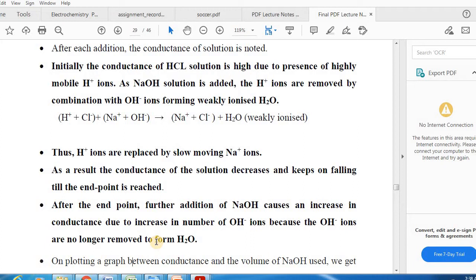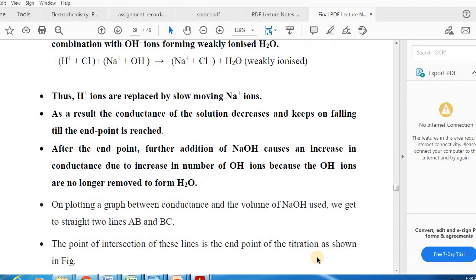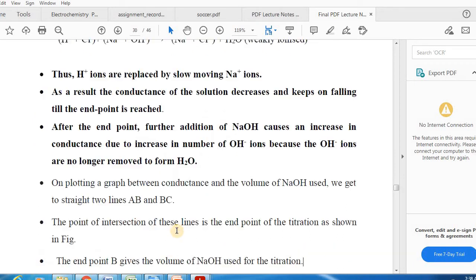HCl has been completely neutralized at the equivalence point, so further addition of NaOH gives us free OH- ions, which give a high conductance due to the good mobility of hydroxyl ions. On plotting a graph between conductance and volume of NaOH used, we get two straight lines AB and BC, and the point of intersection of these lines gives us the end point of titration.